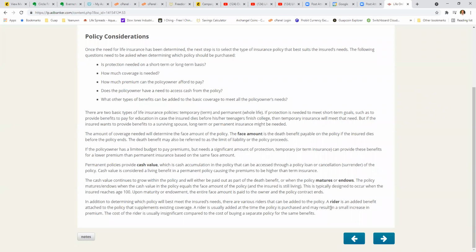Another benefit is if somebody is disabled and they can't work, their premiums will be paid. That's a more expensive rider that I don't put on as much. But there are riders there, and we can look at the riders in each individual case to determine what the client needs.